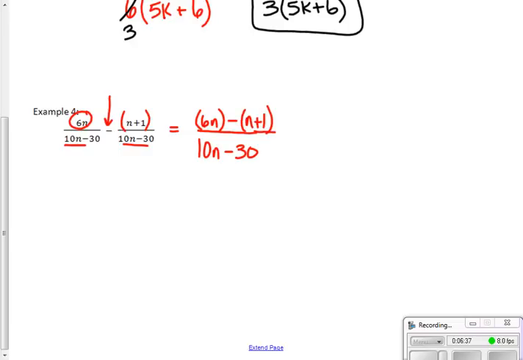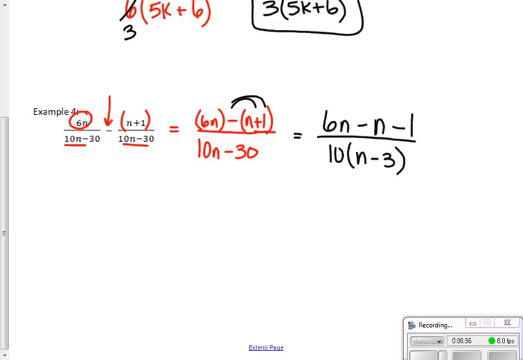So again, what will happen here is you need to distribute that negative sign. And you have 6n minus n minus 1 all over, and I'm going to factor out a 10 on this. So I would wind up with n minus 3. Kind of put 2 steps into 1 there. And then I can go ahead and combine my like terms. So I'd have 6n positive, take away n.